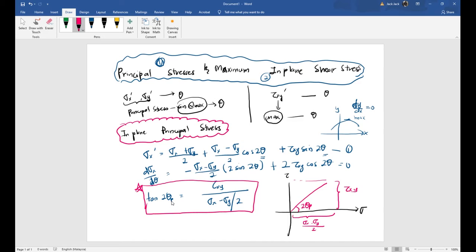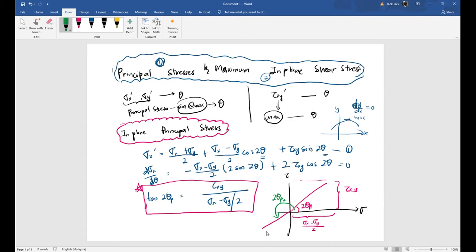So the other angle can be defined from this side. This is your first, 2 theta p1. The second one is defined from here to here, so this is your second theta p.